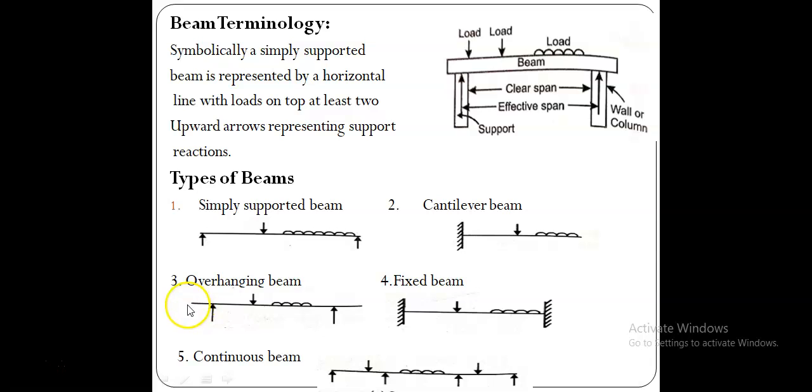That is, at one end it has a free end, and the other end is supported at the hinged support, like here. So the overhanging beam may be extended over both supports, that is the two supports, or it may be extended at any one of the supports.